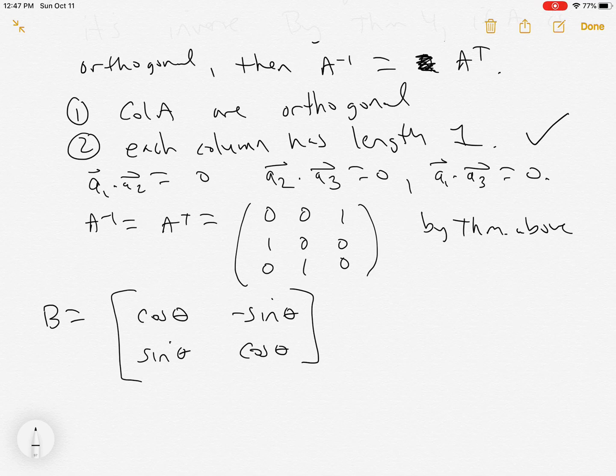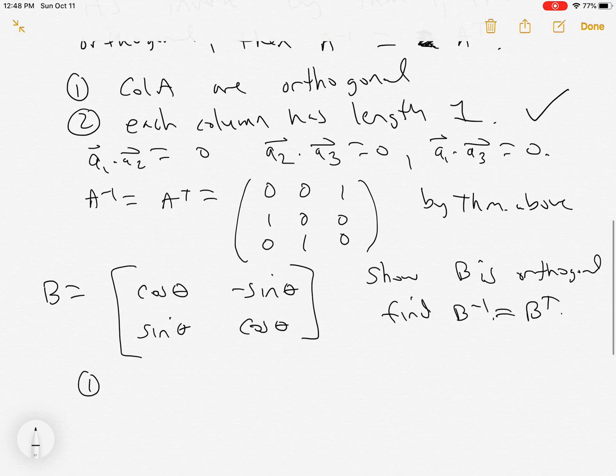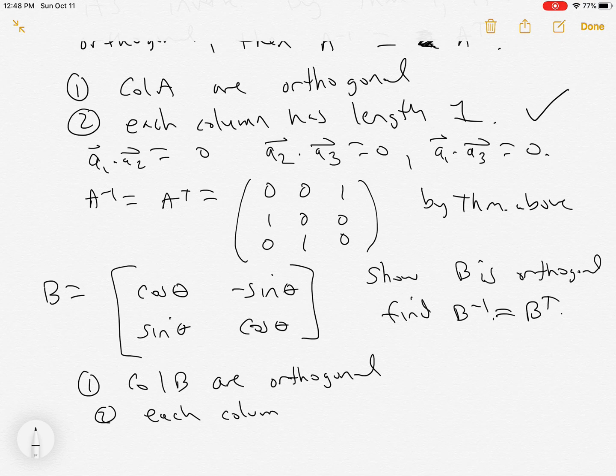And again, we're supposed to show B is orthogonal and find B inverse, right? Which is going to be equal to B transpose. All right, so to show orthogonality, we have to show one, the columns of B are orthogonal, and that 2, each column has length equaling 1.